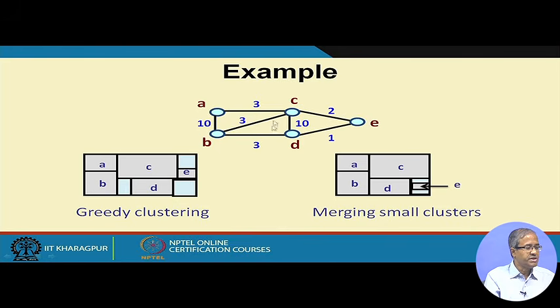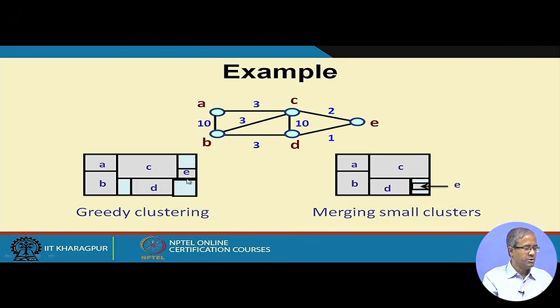Once you do it, you are only left with E, which is relatively weakly connected, with weights 2 and 1, with these clusters. Now, AB gets connected together, CD gets connected together, but you do not have anywhere to place E. So, in this greedy clustering, possibly E will be placed on the right. So, you will be getting a lot of empty spaces on top and bottom.